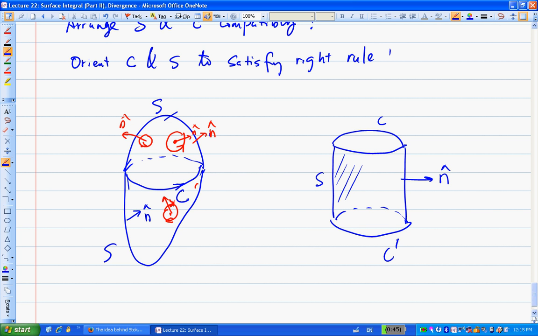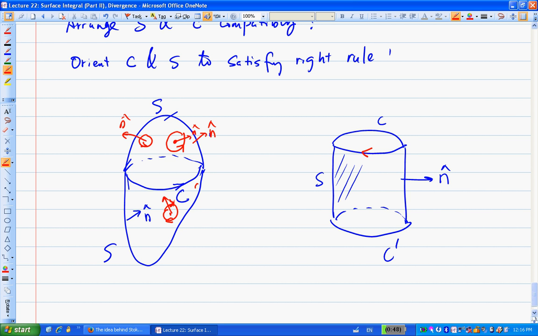Remember the n-hat is outward. If you use the first approach, your middle finger should point out of this cylinder. The thumb is always pointing in the direction of C, and the index finger is tangent to S here. The index finger points either here or here, but your middle finger points outward. Then the thumb gives the direction of C at the top.